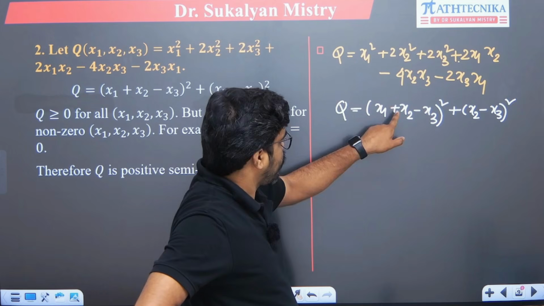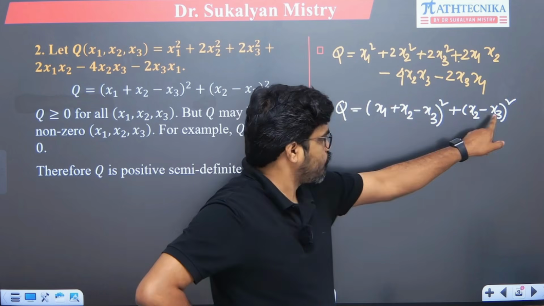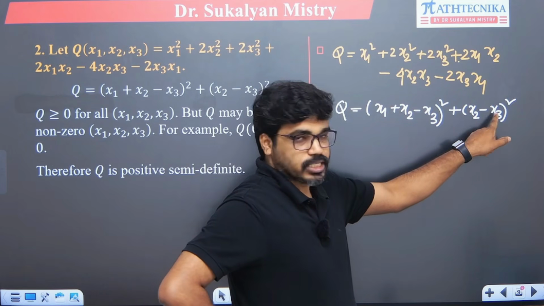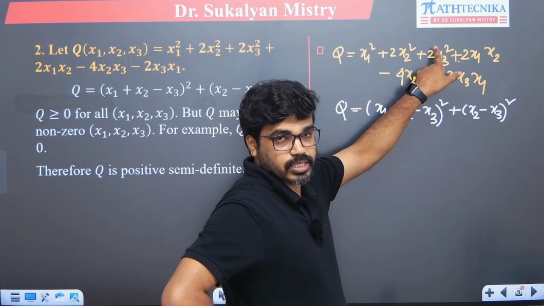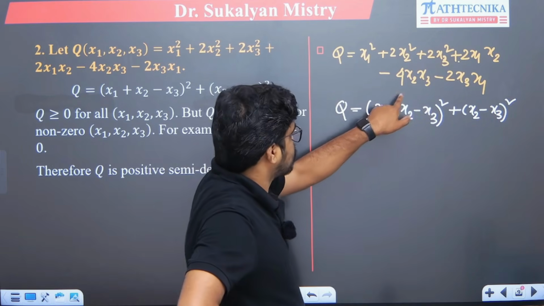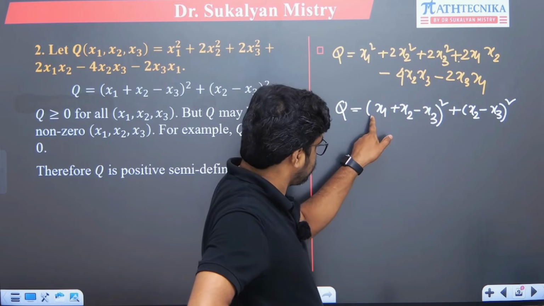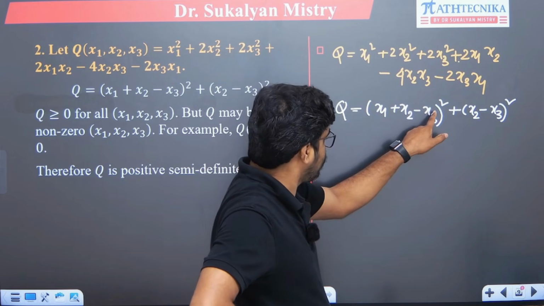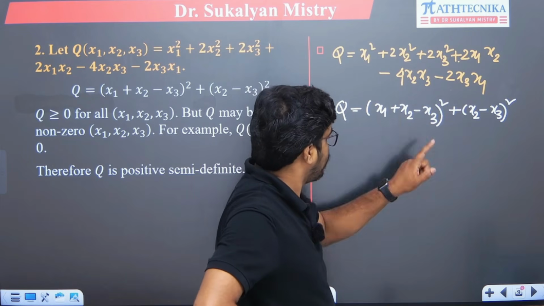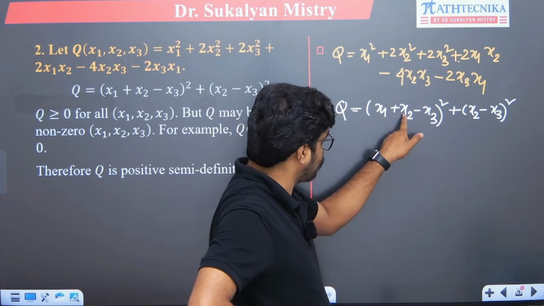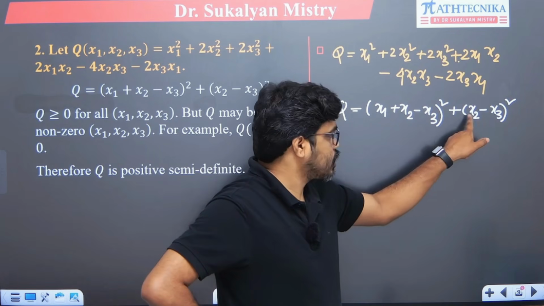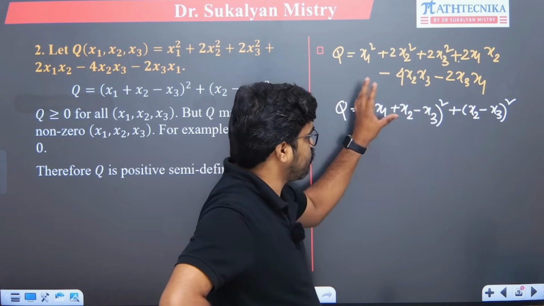So x1 square plus x2 square plus x3 square, and from the second term x2 square plus x3 square, so x3 square plus x3 square is 2x3 square, right? So 2x1x2 is present, minus 2x1x3, and minus 2x2x3, and from here minus 2x2x3, that is minus 4x2x3. So this is balanced.